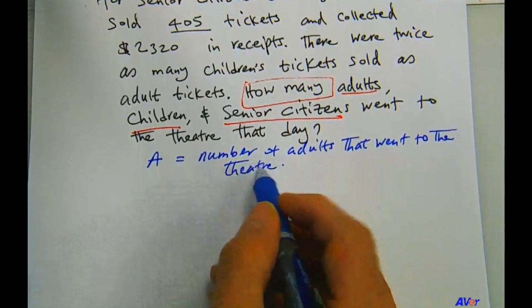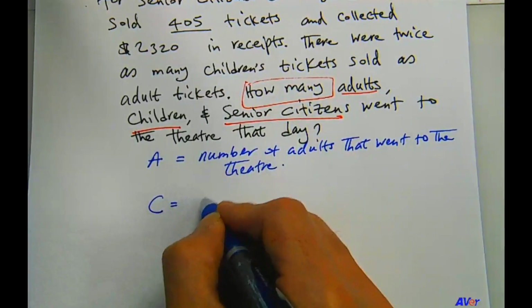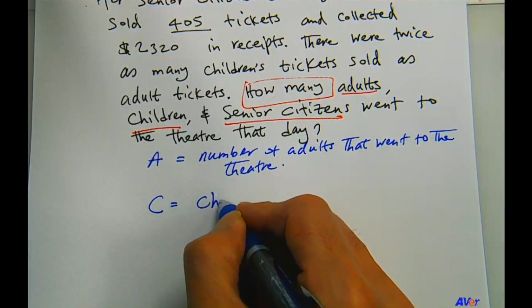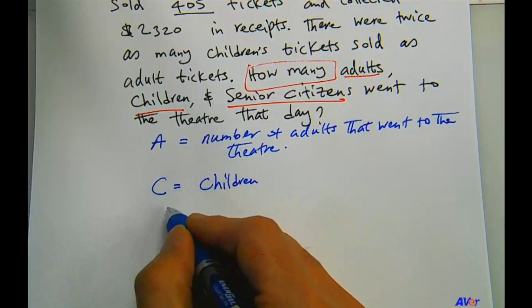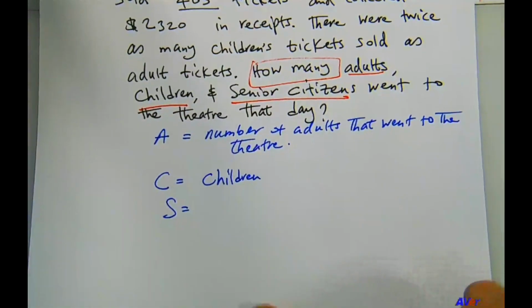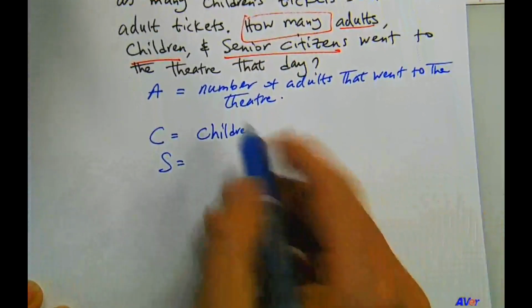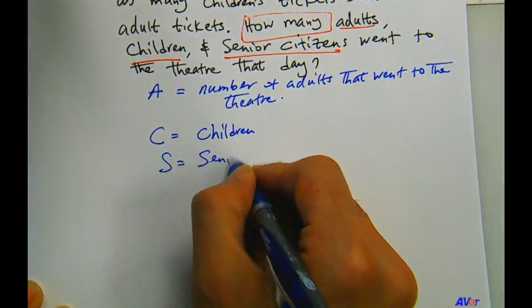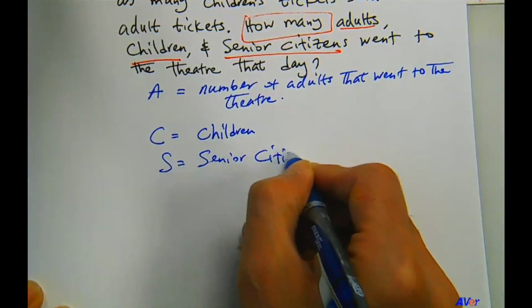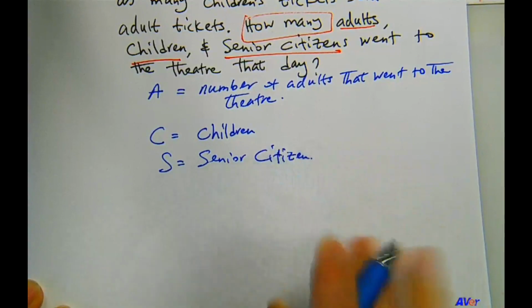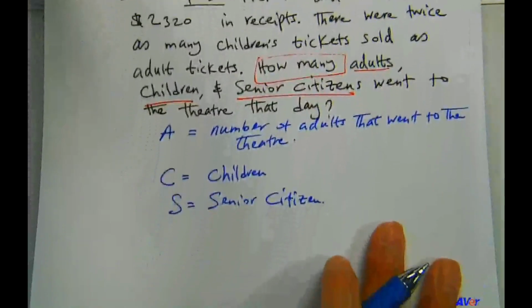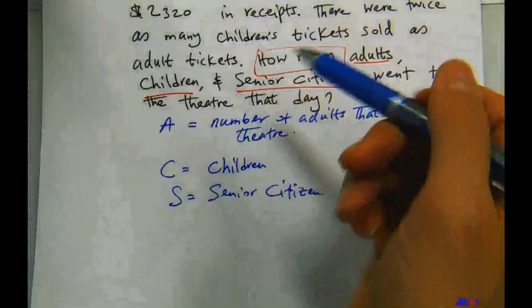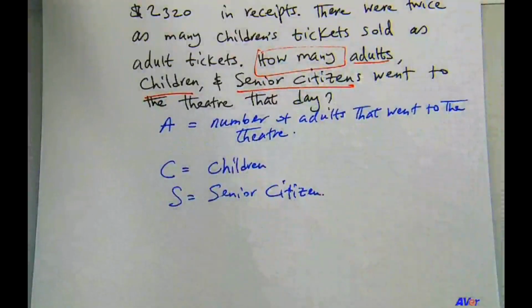And then let's pick C for the same thing for the number of children, and S for senior citizens, so number of senior citizens that went to the theater that day. Given these variables, now let's read the problem and attach information to this.